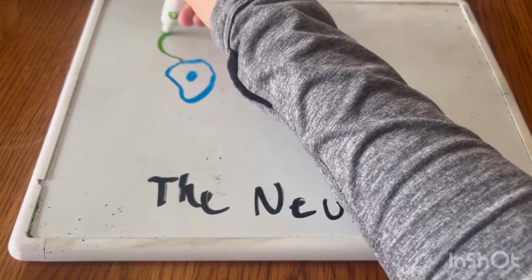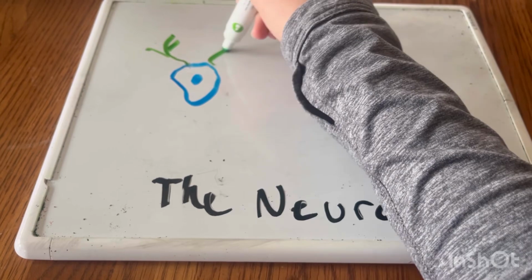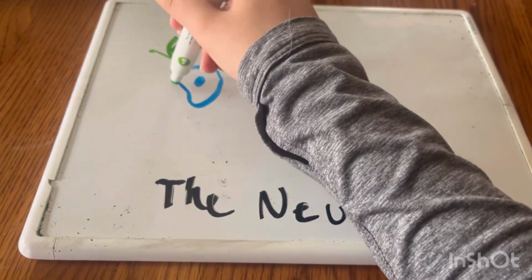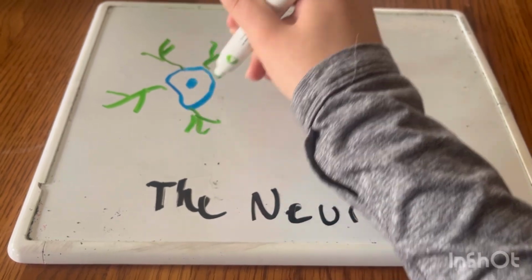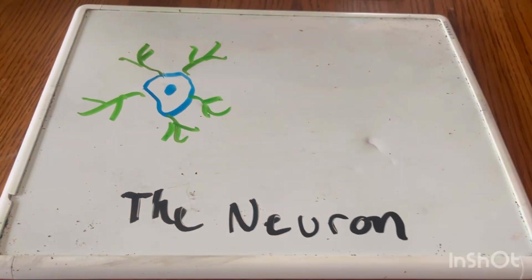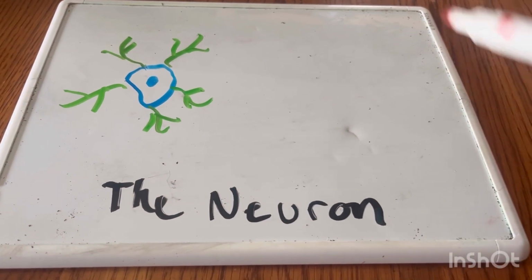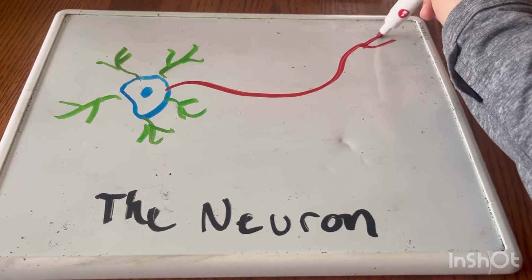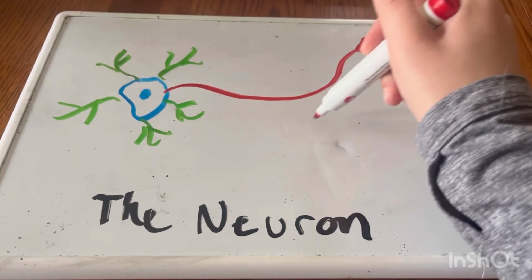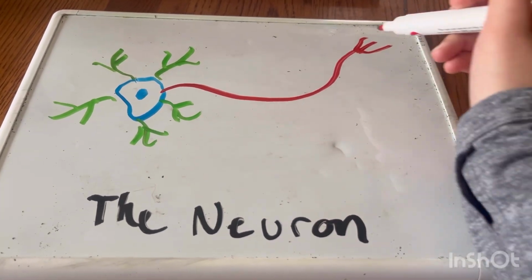And we move to the dendrites. These dendrites are the component that receive signals from other neurons and bring them to the cell body. Lastly, we'll move on to the axon, and this carries signals to other neurons.